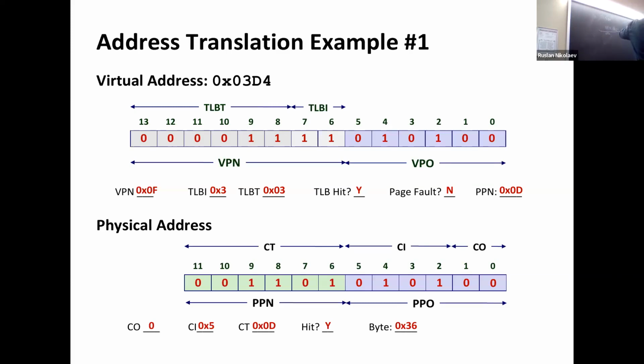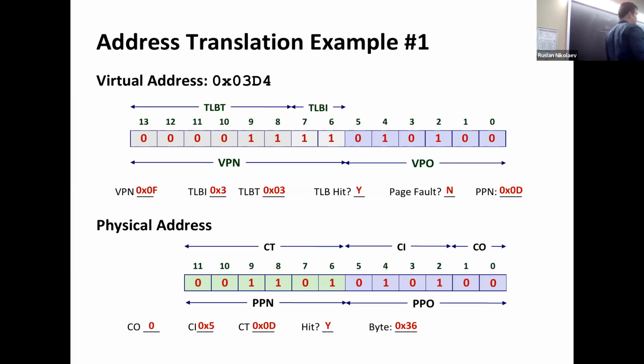So now how do we decide the TLB index and TLB tag? That's part of the virtual page number that we have discussed, because the TLB deals with page numbers; it doesn't care about offsets.